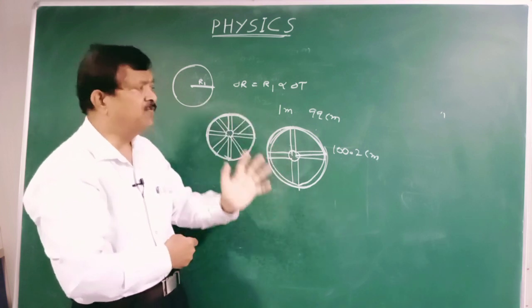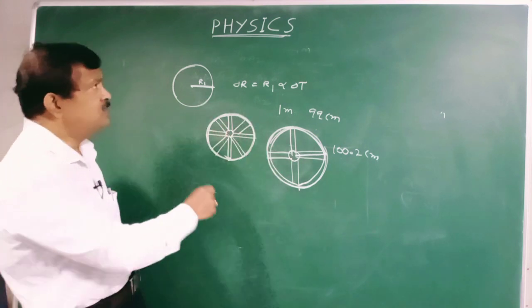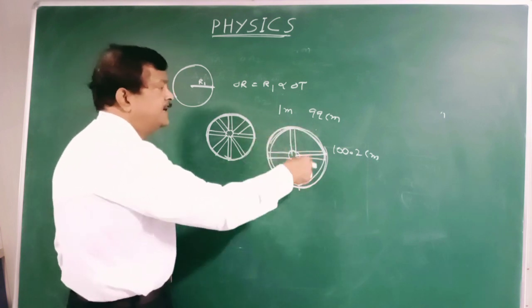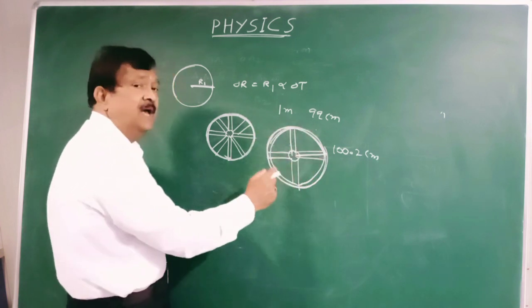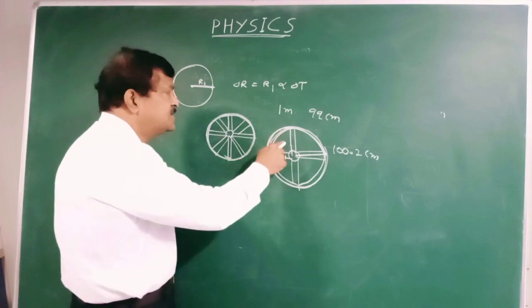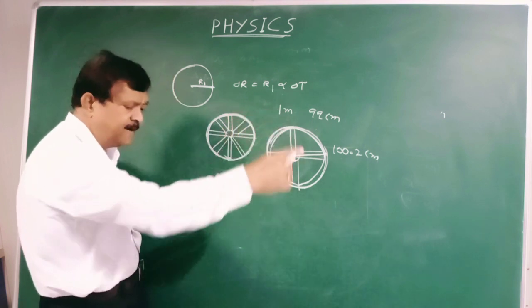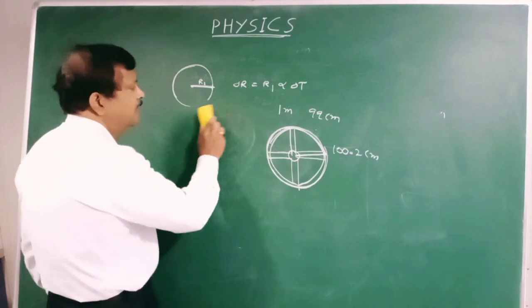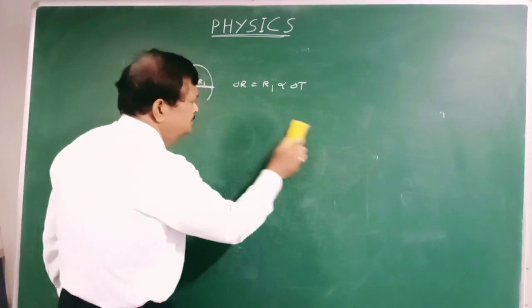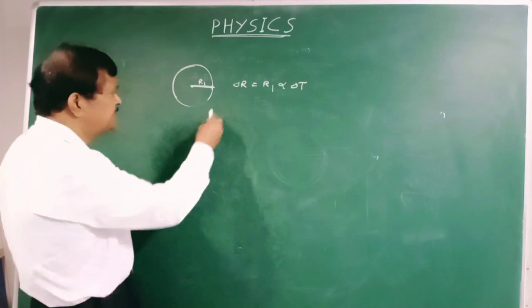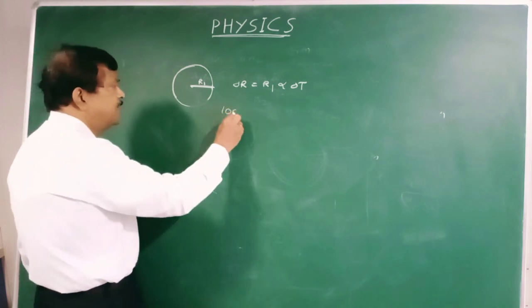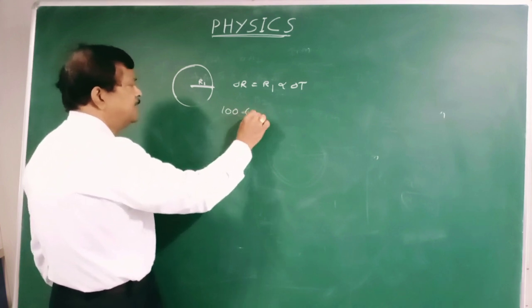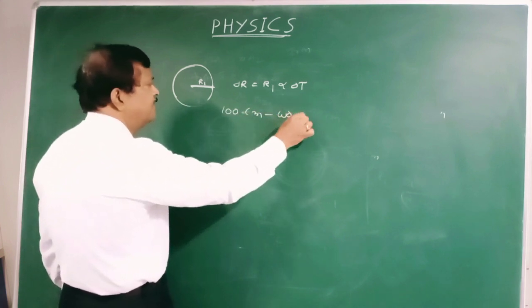So here what we are doing, we are heating the iron tire until the radius of this iron tire will be more than the radius of the wooden wheel. Then what is the mathematical condition required for this? In this example, the wooden wheel has a radius of 100 centimeter.